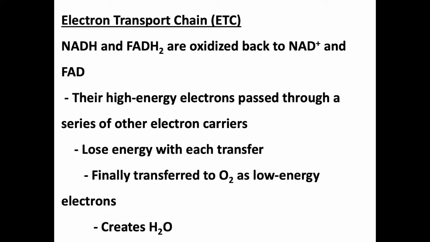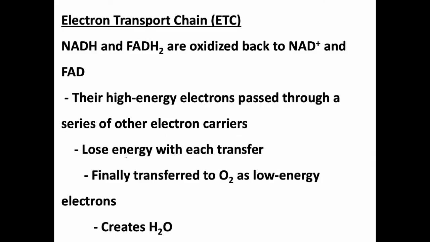So, big summary here. In the electron transport chain, NADH and FADH2 are oxidized, again, just gotta keep using these terms, back to NAD+ and FAD. Their high energy electrons are passed through a series of other electron carriers. That's why it's called an electron transport chain.